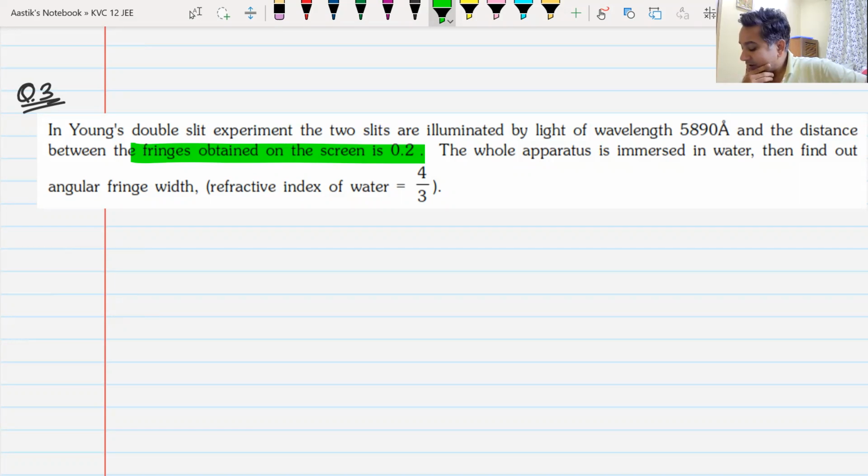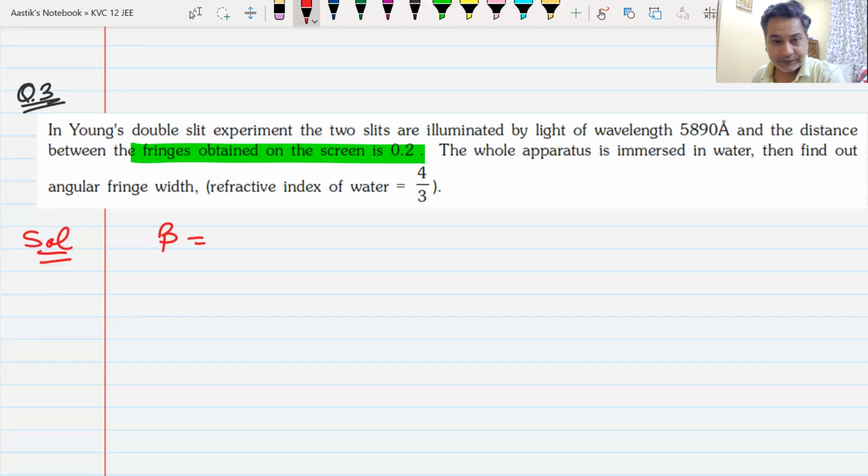The whole apparatus is dipped in water. So beta, the fringe width, is given to you. In the first case, beta is given as 0.2.